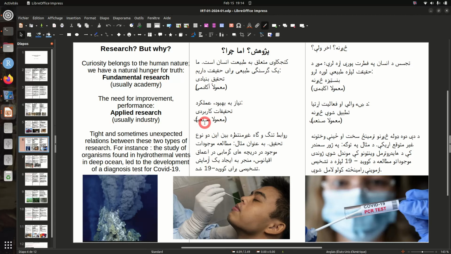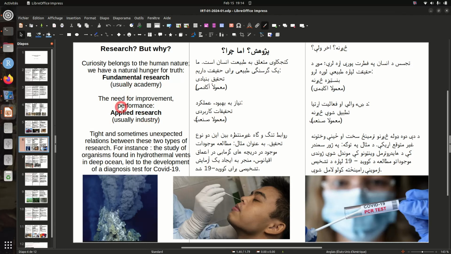If, on the contrary, you want to improve engines, if you want to find a better way to clean water, if you want to understand the relation between two languages, then it's more applied research, ordinarily related to the industry.